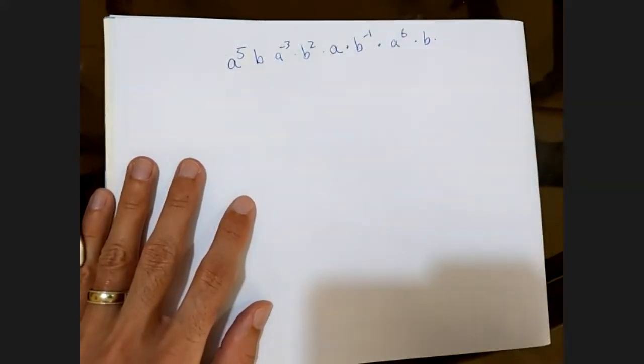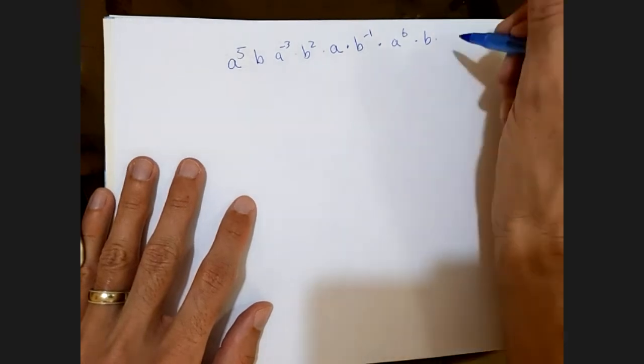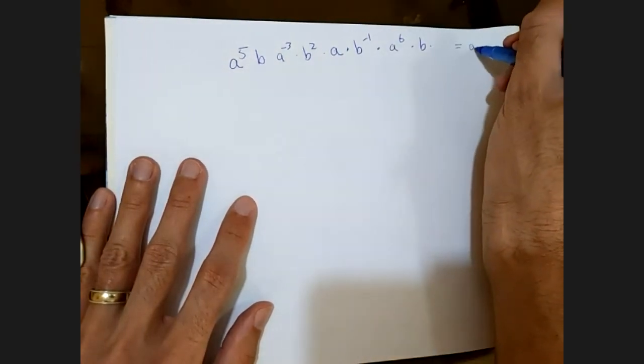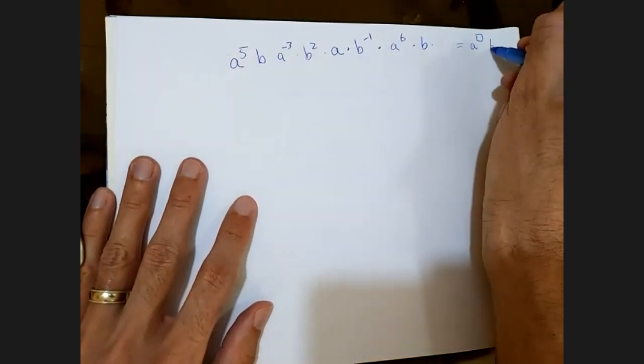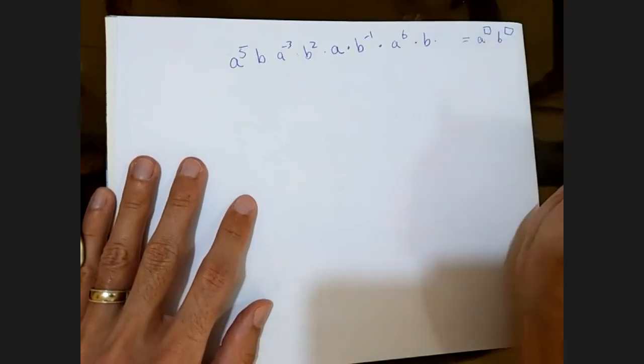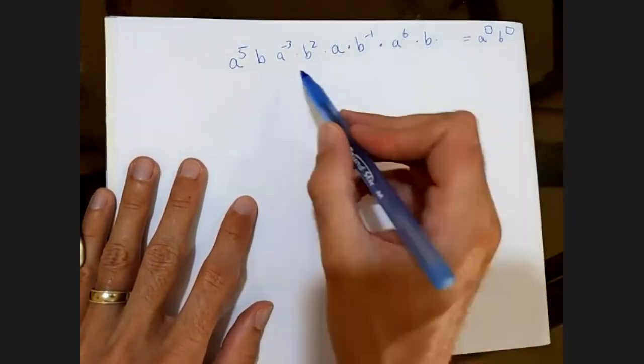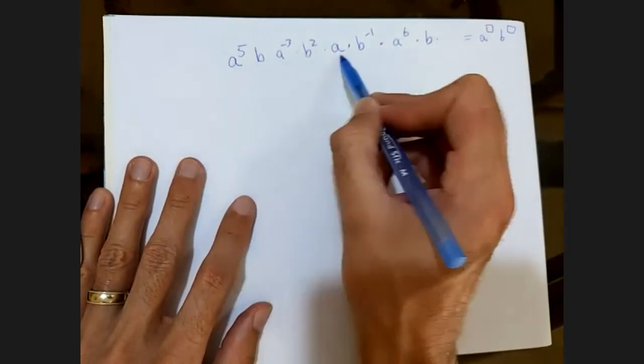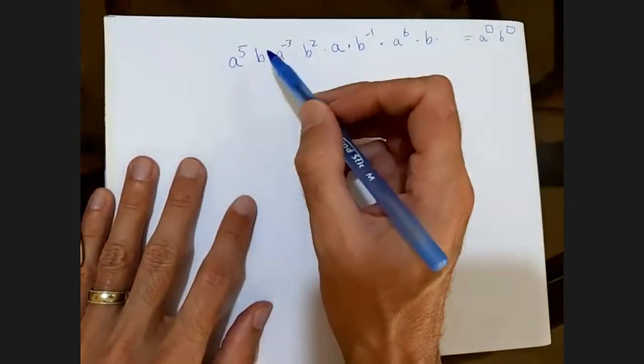This is what an element of D4 might be. And I want to see that I can rewrite it as A to some power, B to some other power. Okay, and the key is the B's, I want to move all the B's to the right and all the A's to the left.